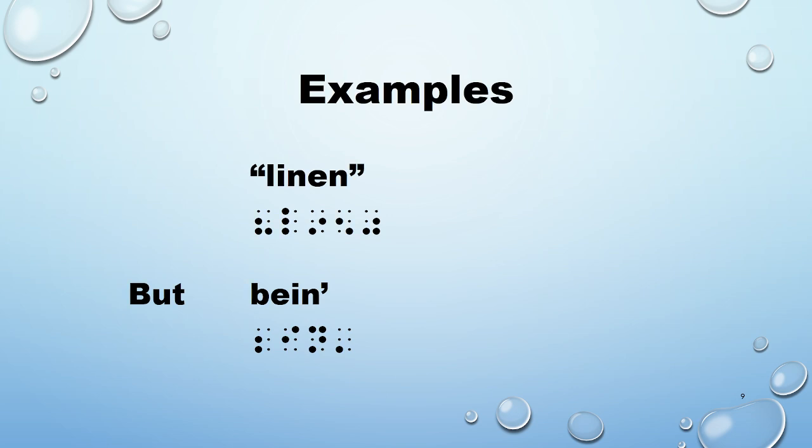So let's take some examples. For this word, which is coated, the word is "linen." So we have two contractions here: the lower group sign for "in" as well as for "en."